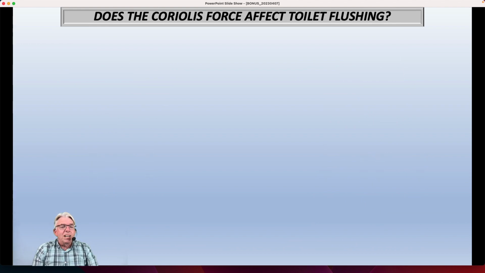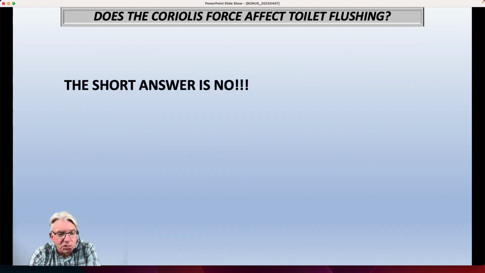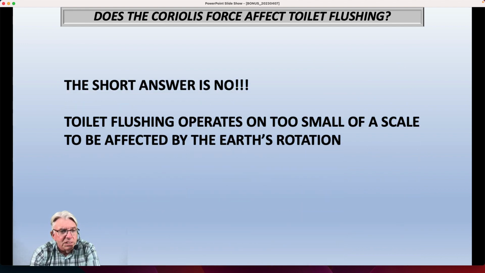So last but not least, you may have heard this idea that, because of the Coriolis force and the Earth's rotation, when you flush your toilet, it turns in a different direction in the northern hemisphere than it does in the southern hemisphere. Is that really true? No, it is not. The short answer is no. And the reason is that toilet flushing operates on way too small of a scale to be affected by the Earth's rotation.